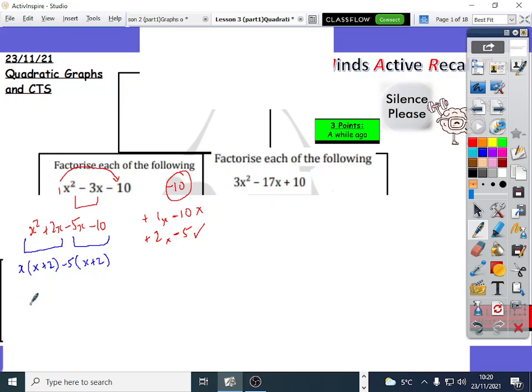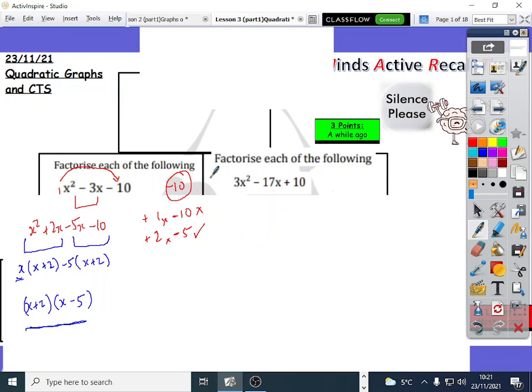So if I put x plus 2 out, x plus 2 is multiplied by x, and x plus 2 is being multiplied by minus 5. And that is it. This is factorized. I know there's an easier way of doing this, but if we are consistent in our approach, we can do this in the same manner and make no errors.